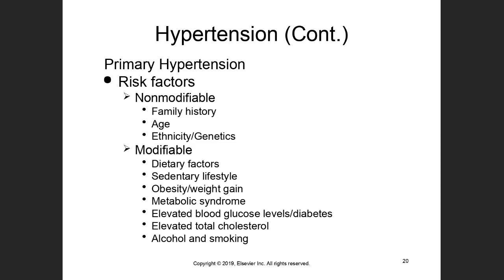And now we have risk factors. In the risk factors, we have one group that we can't do anything about, the non-modifiable factors, that is family history, age, ethnicity, gender. And modifiables are the ones that we can work on, through diet and lifestyle change, like dietary factors, sedentary life, obesity, metabolic syndrome, and so on, okay?